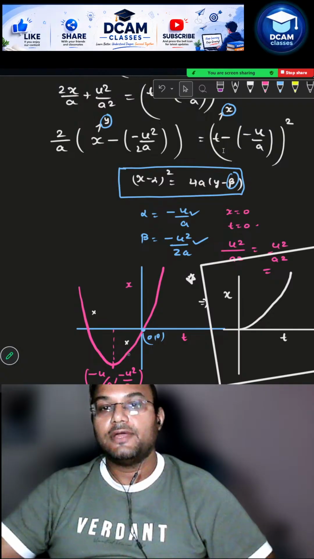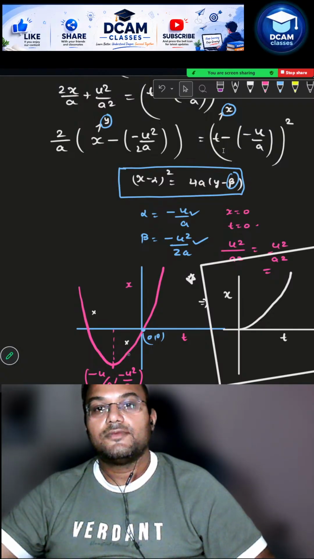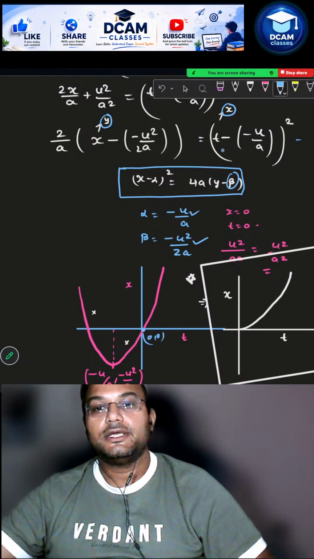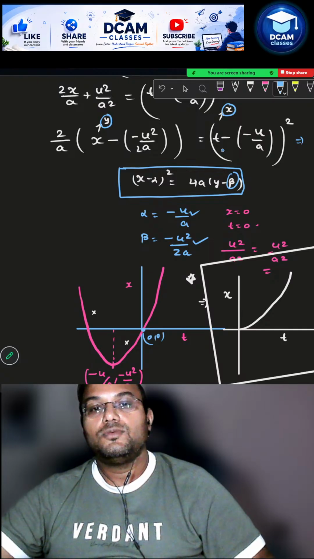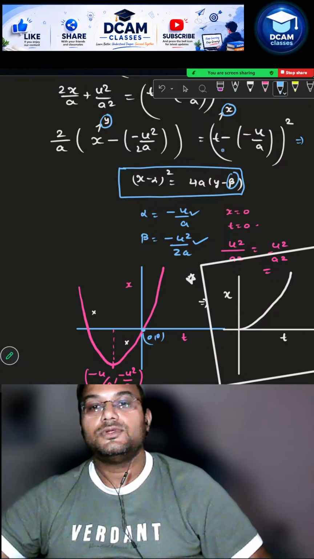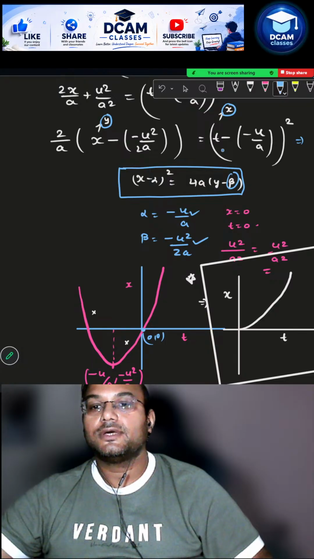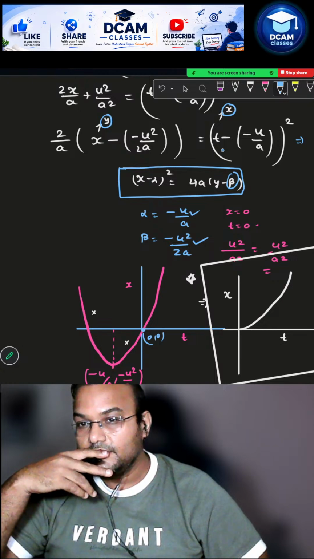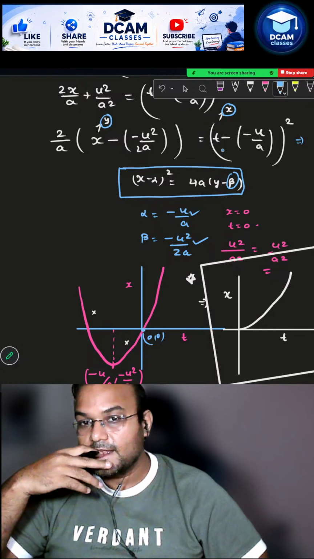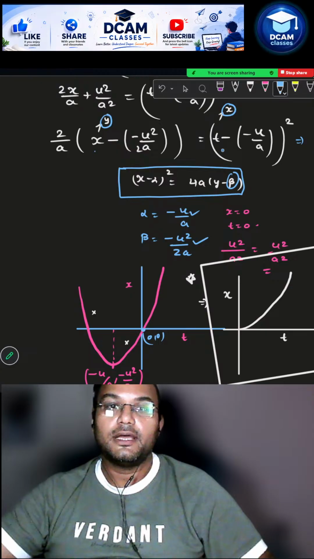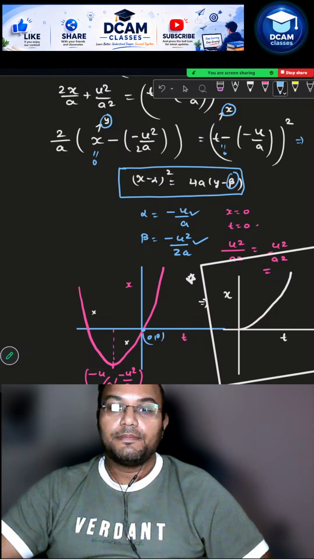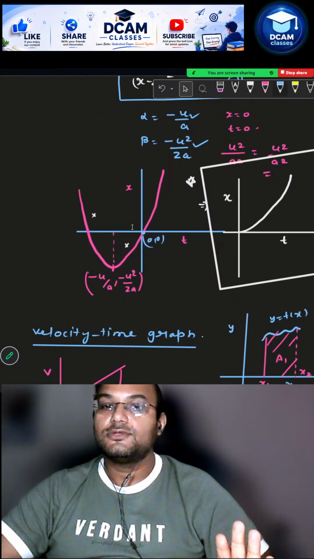When you substitute 0, 0 here, it will become 2 by a into u square by 2a is equal to u square by a square. Now the 2 will cancel, and it becomes u square by a square is equal to u square by a square. Correct? I put x equal to 0, t equal to 0. That means it is passing through the origin.